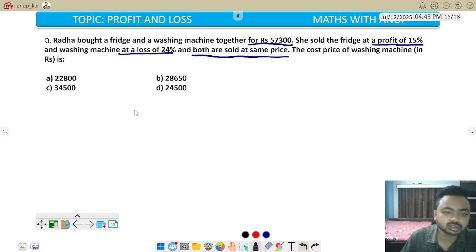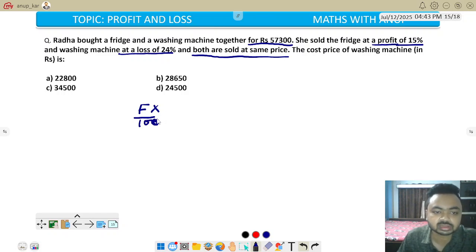Again we know how to write the selling price formula. Let's suppose we are considering the fridge denoted by F. F is my cost price of the fridge. How to find out the selling price? It is F by 100%, my cost price percentage.